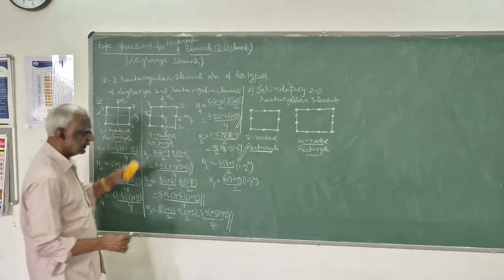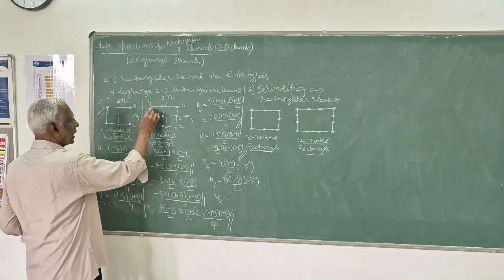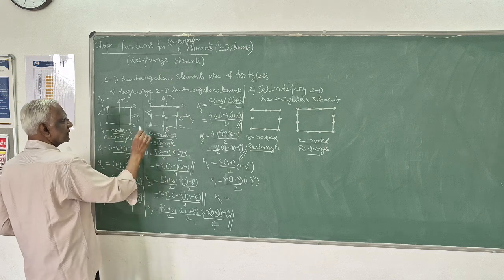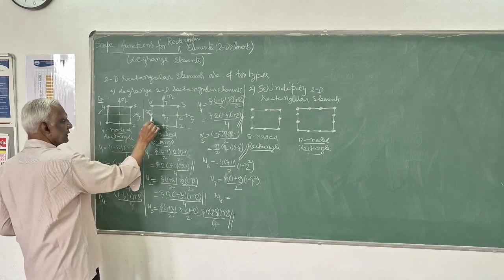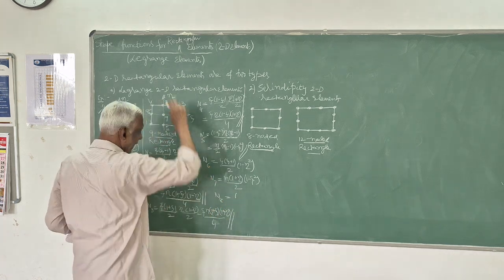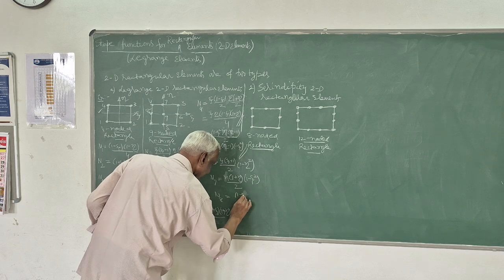Likewise, the last one, N8, the 8th node, is common for 4, 1 as well as 8, 6. For the 4, 1 side it is the middle node in the eta direction, so it is 1 minus eta square.